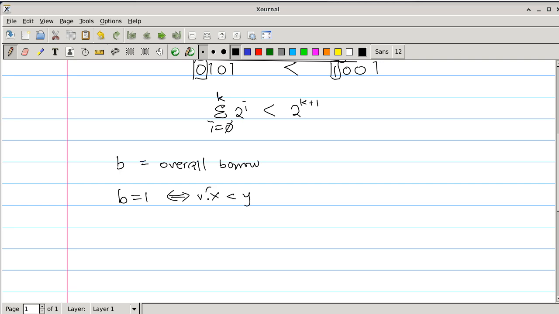Or I should say the value represented by x is less than the value represented by y, unsigned. And I want to know why. Is it always the case? Does it only work sometimes? Can I mathematically prove that this works all the time? Is that okay?